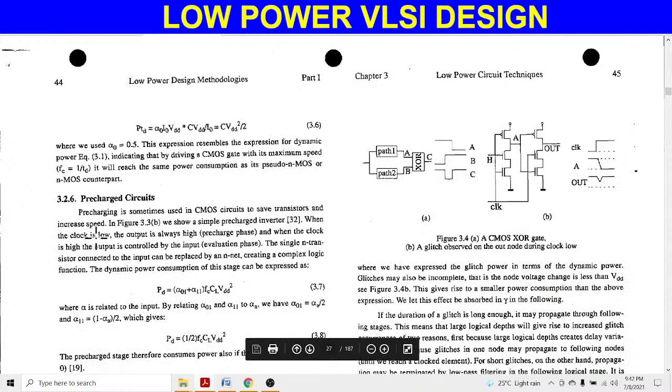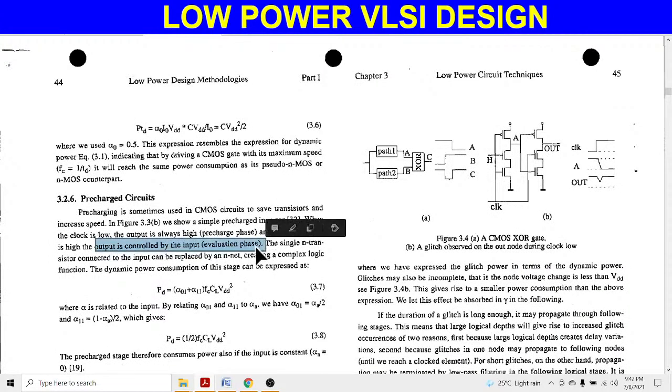So we can say the output is controlled by that particular transistor, which is the pre-charge element for this circuit. The single N transistor connected to the input can also be replaced by an N network.